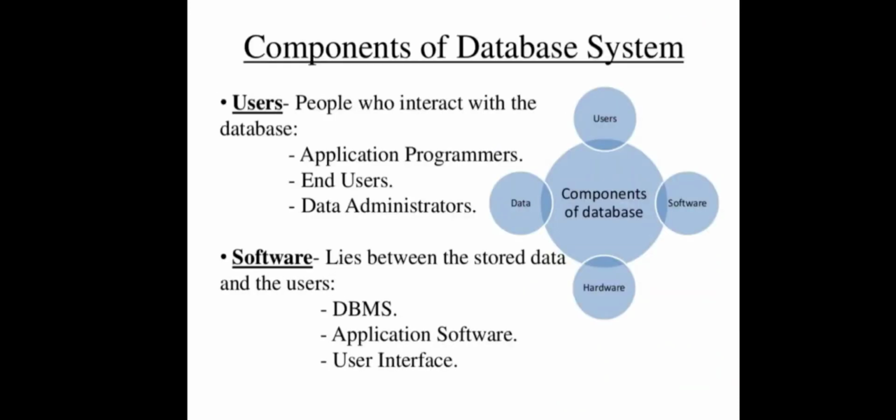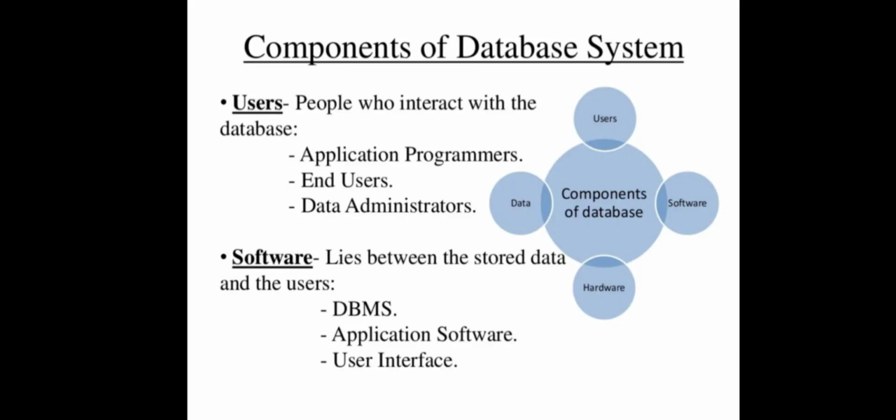Next one is the components of a database system. First, user, second, software, third, hardware, and fourth one is data. There are four components of a database: the user, software, hardware, and data. User. Who are users? We all are users. People who interact with the database are all users.